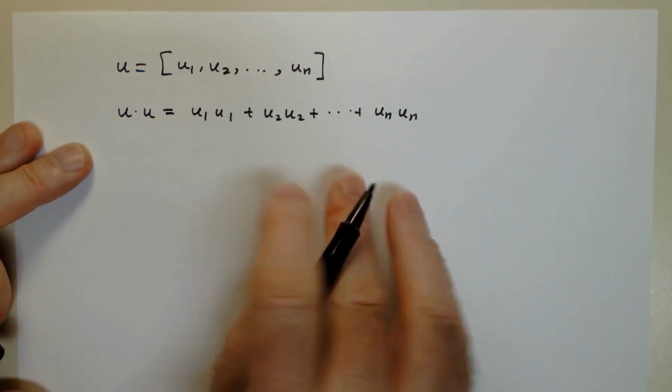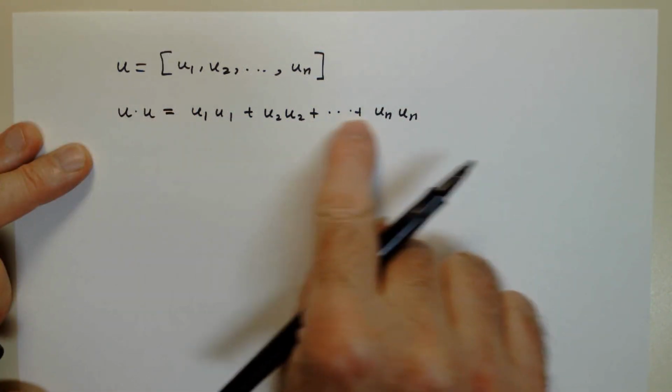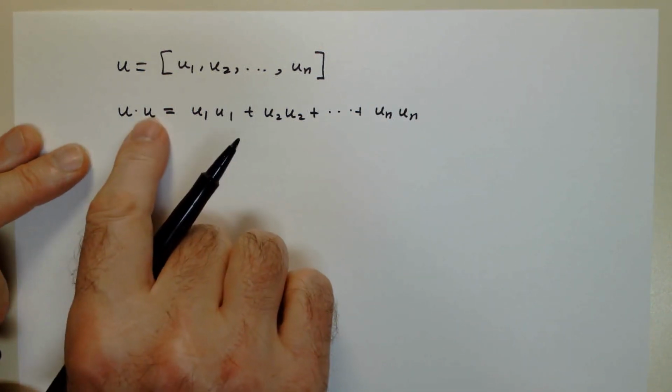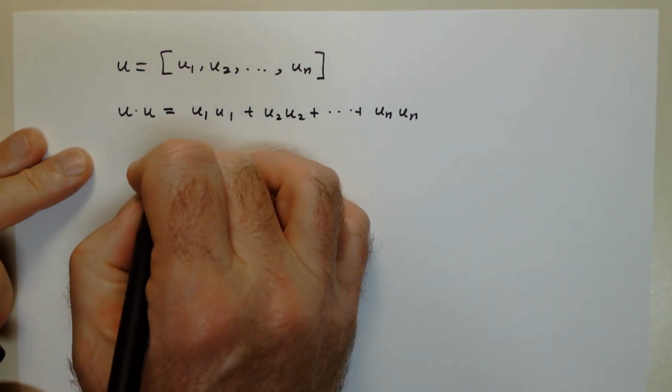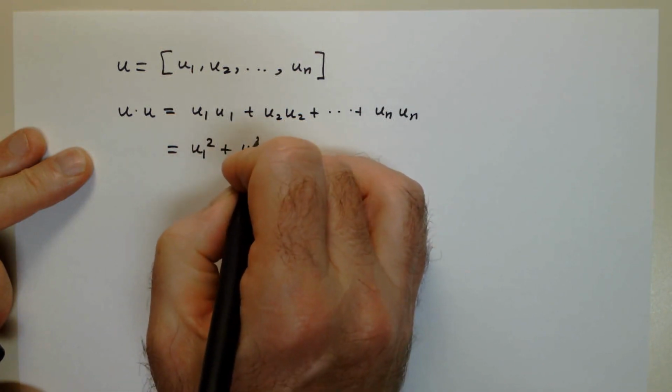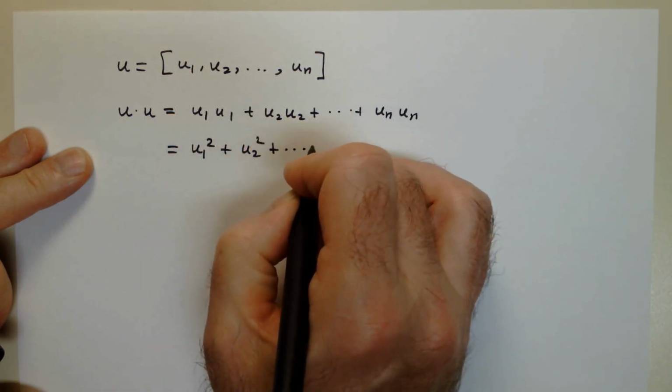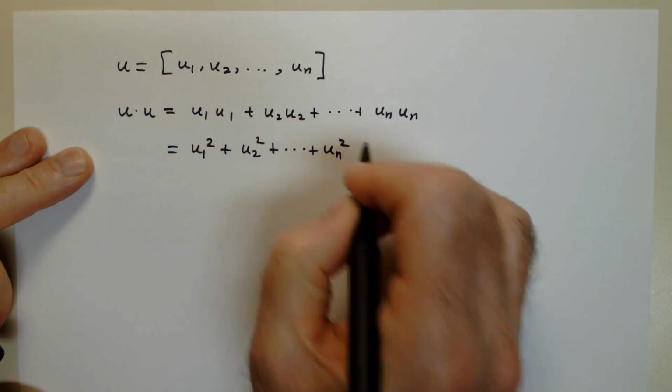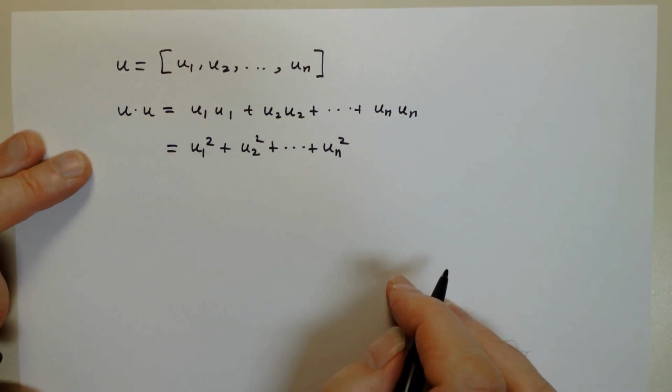So I form all those component-wise products, and then I add them together. That's the dot product of u with itself. And then we can easily recognize that this is just u1 squared, that's u2 squared, and this continues until we get un squared.